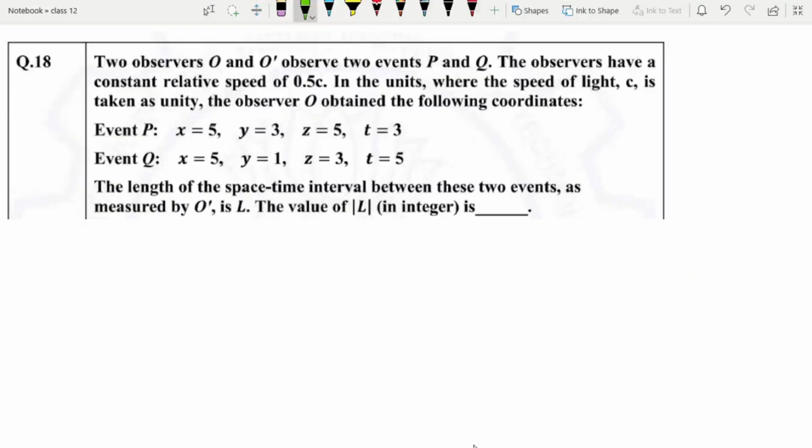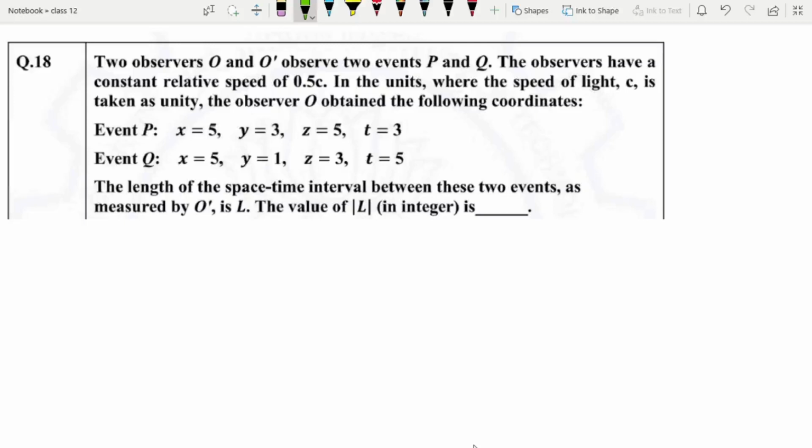Two observers O and O prime observe two events P and Q. The observers have a constant relative speed of 0.5 c, in units where the speed of light is taken as unity. The observer O obtained the following coordinates. Event P: x is 5, y is 3, z is 5, t is 3.